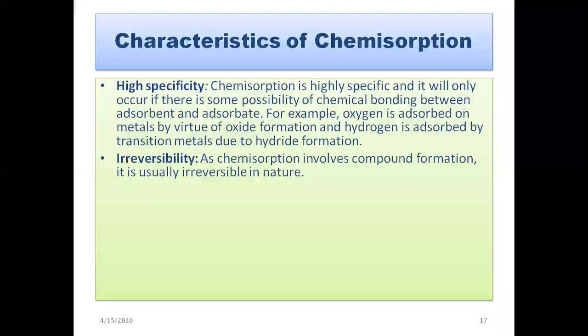Maybe it may go by physisorption, but not chemisorption. So chemisorption is always irreversible in nature because once a chemical bond is formed, it is very difficult to break. If you break it further, deformation of the surface may also take place. Therefore, we can say that chemisorption is irreversible in nature.